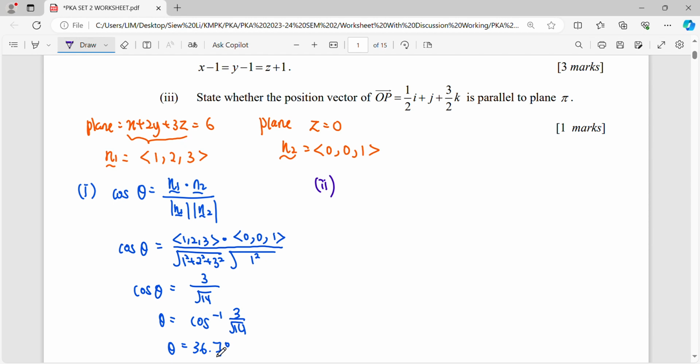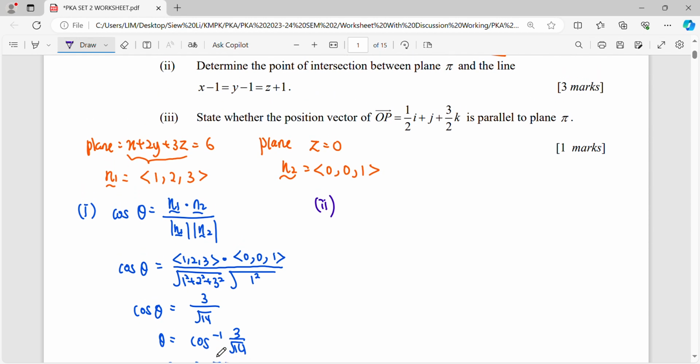Okay, so for number 2, determine the point of intersection between the plane and the line. Just remember, the first step is finding our line in parametric form. This is Cartesian form, where Cartesian form means involving x, y, z.